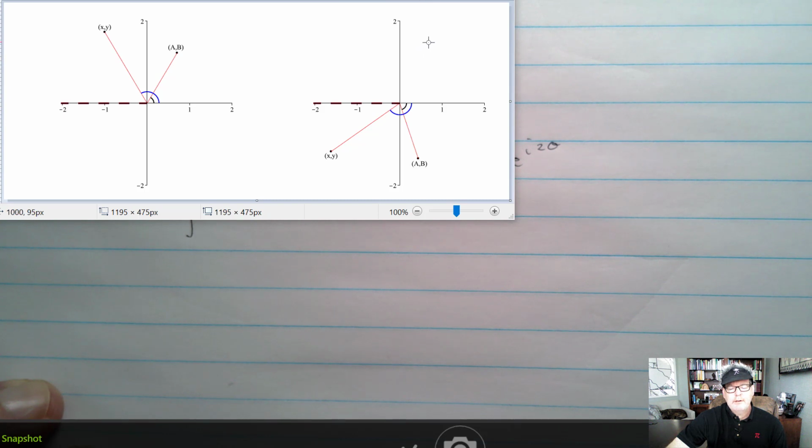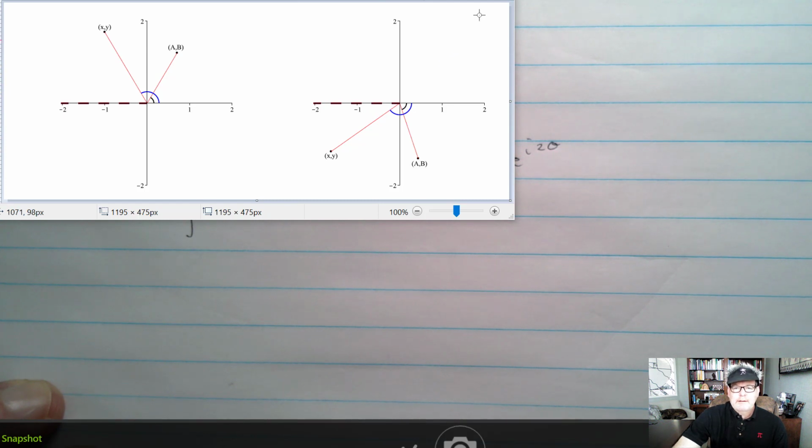Before, tangent theta equals y over x, or arctan of y over x, wasn't defined at x equals 0, the y-axis. Squaring that, it's still not defined at this ray, but it's defined everywhere else. So we made a big improvement.